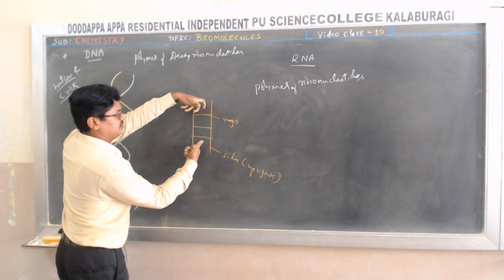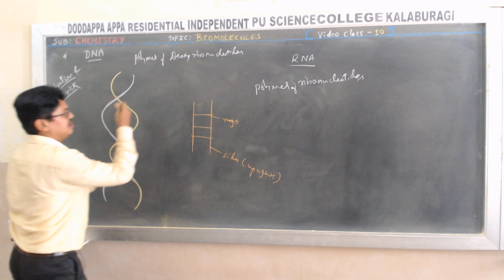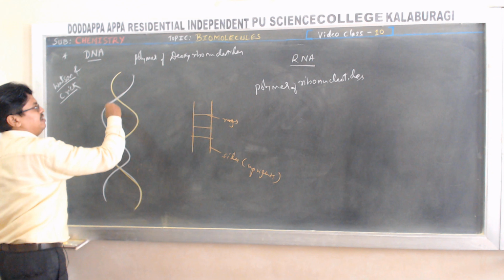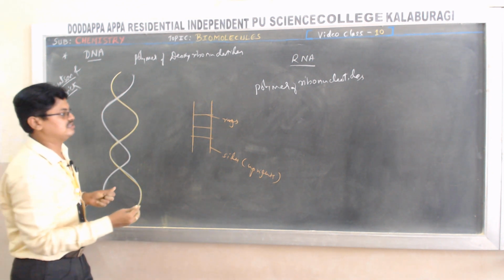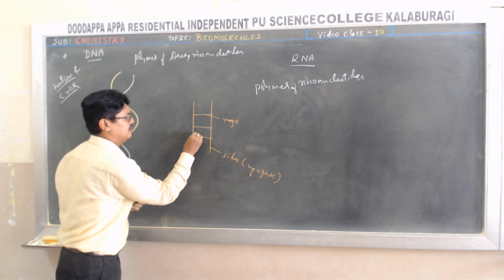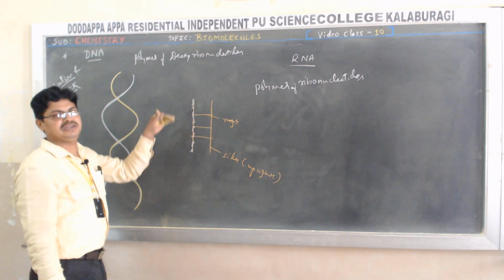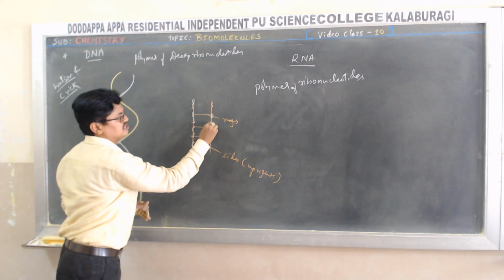So this is the twisted one. Here, these sides are made up of repeating units of sugar and phosphate.